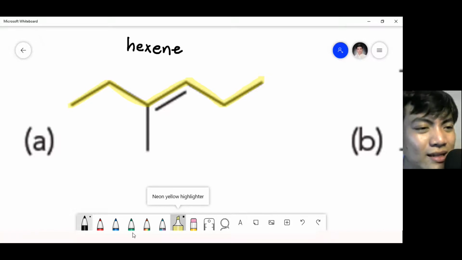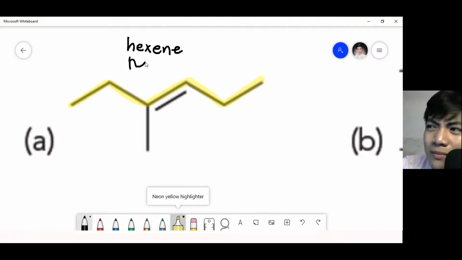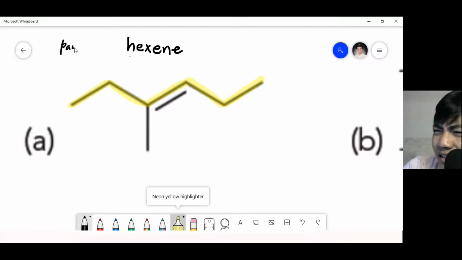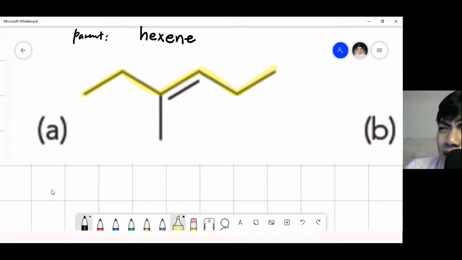So that will be hexene. Hindi siya hexane. Baka sabi nyo, ay hexane po. No, it's not hexane because you have a double bond here. So the ane needs to be converted to ene. What's next? That's your parent. Next is that you assign locants.